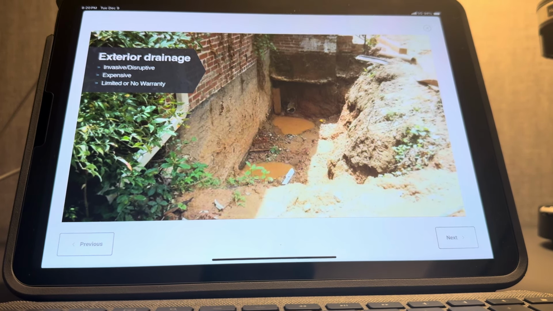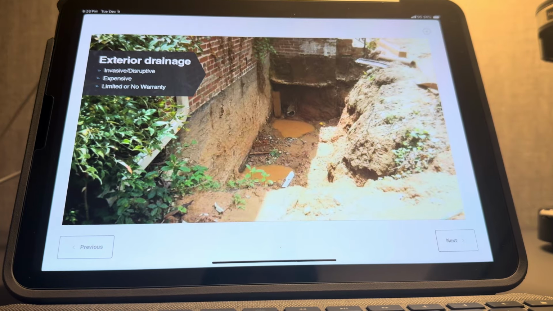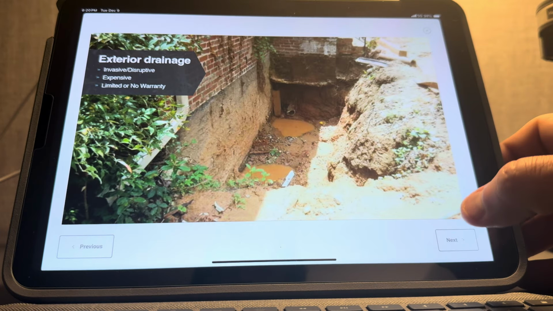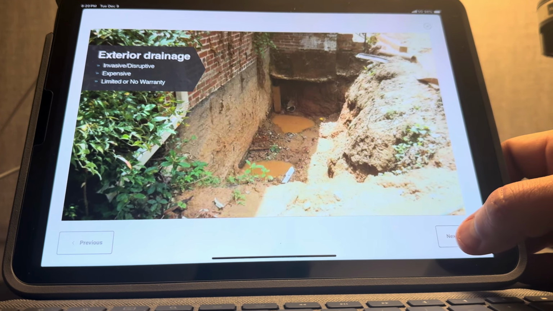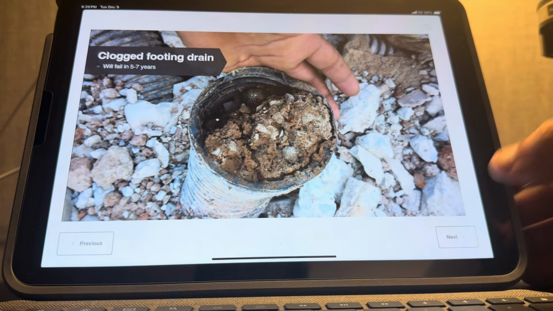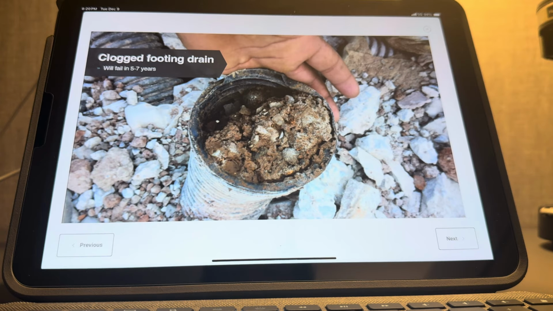An exterior drainage system is going to be put down in the ground with mud and with dirt. And so what the result is when that mud and dirt combines with the water from your soil is a clogged footing drain, okay? As stated, that will fail in 5 to 7 years.